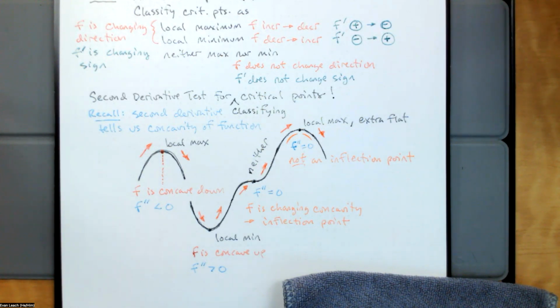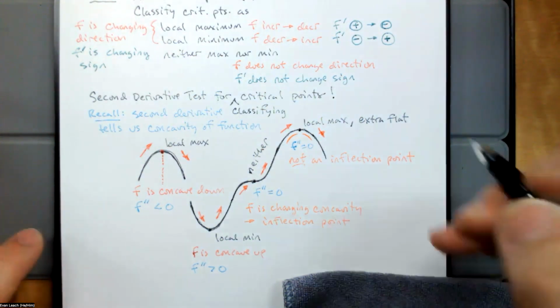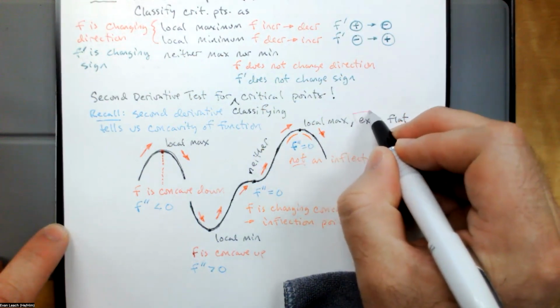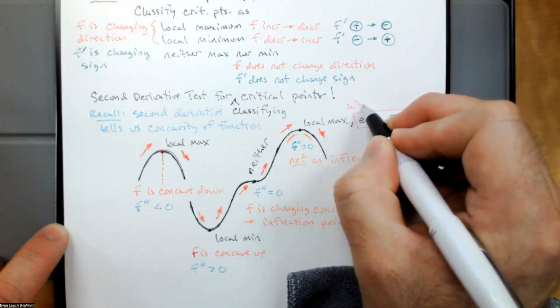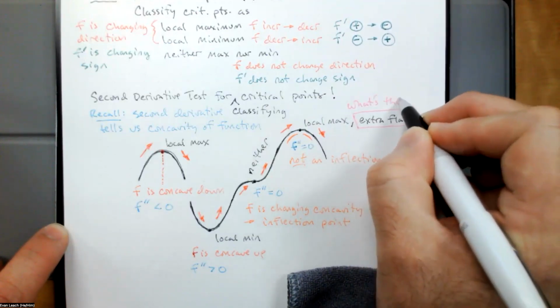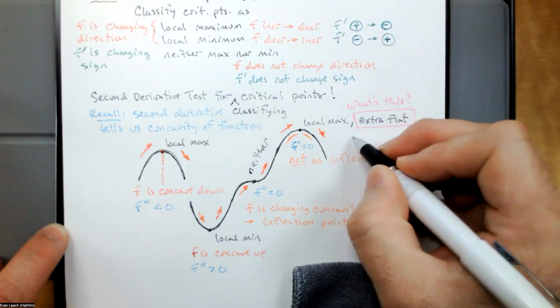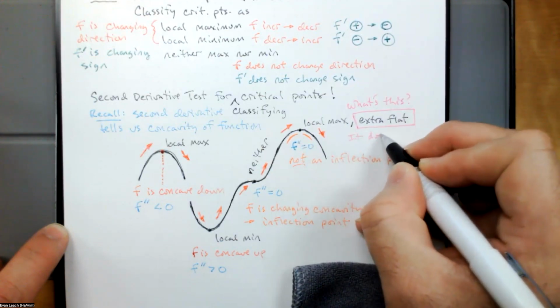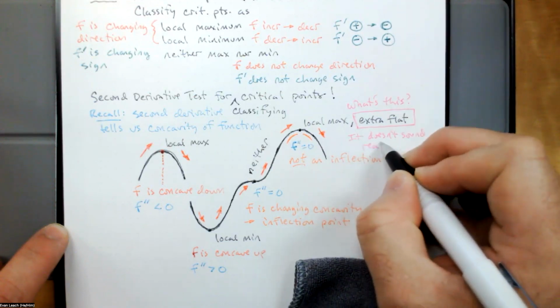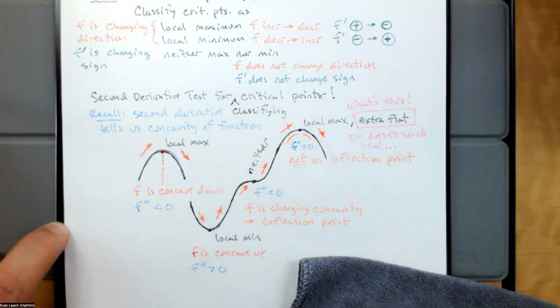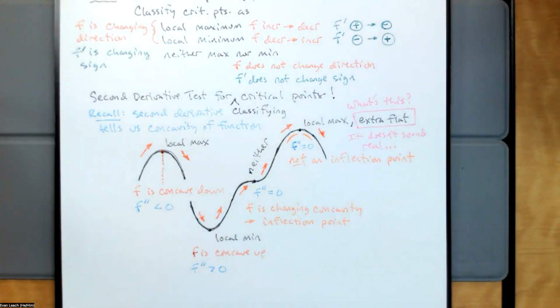This raises an important question. What are you talking about with this extra flat business? You might be looking at this descriptor, extra flat, and think that sounds like marketing.